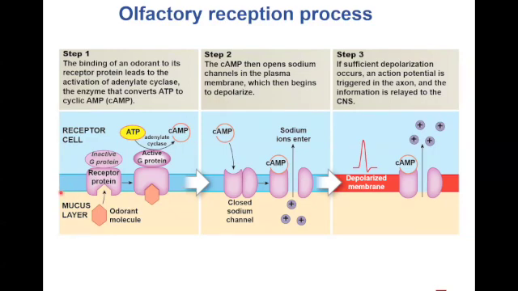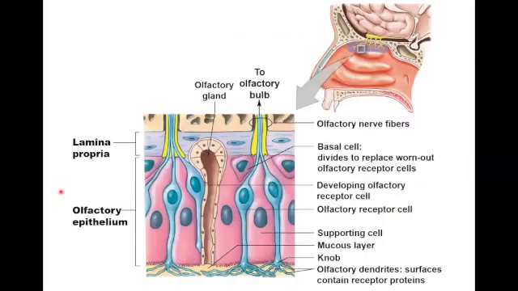So what are we saying happens here? Well, this olfactory cell, this blue thing here, is an olfactory receptor cell. This is the receptor portion of the olfactory receptor cell, and this is the actual olfactory cell itself.